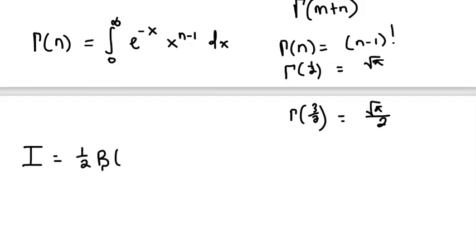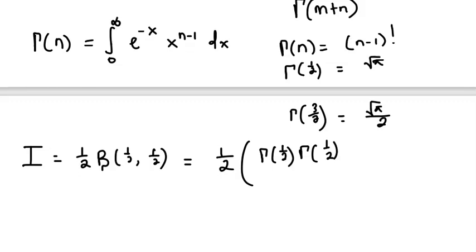times the beta of 1/2 comma 1/2. So this will be equal to 1 over 2, then multiplied by the gamma of 1/2 times the gamma of 1/2, then all over the gamma of 1/2 plus 1/2.